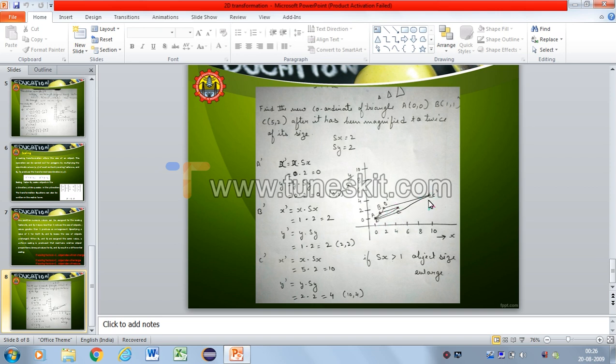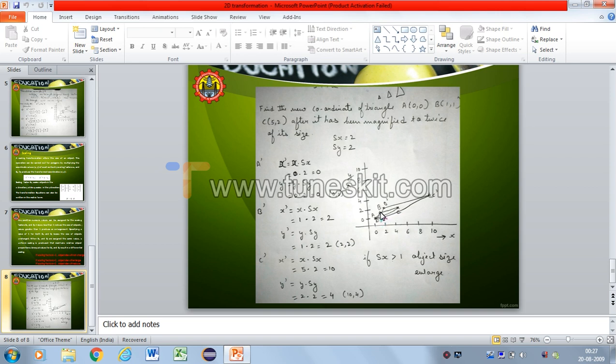This biggest triangle is achieved by applying scaling transformation, class. Now A has coordinates 0, 0, so put a cross here. Next is B, which is 1, 1, put a cross here. Next is 5, 2, this is 5 and this is 2, put a cross here, join these. Now you have made this original triangle.